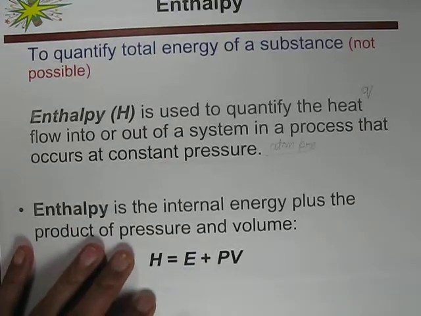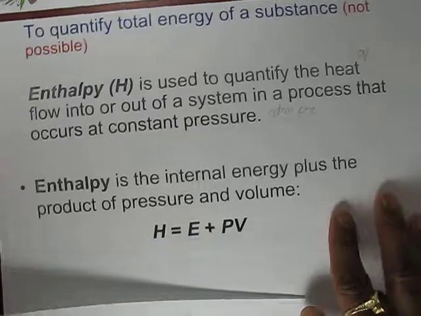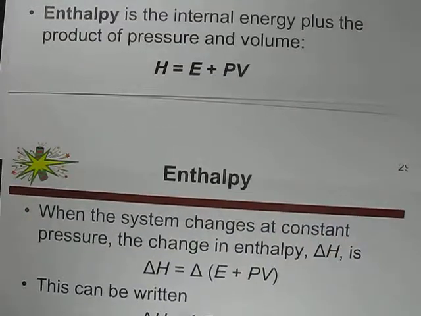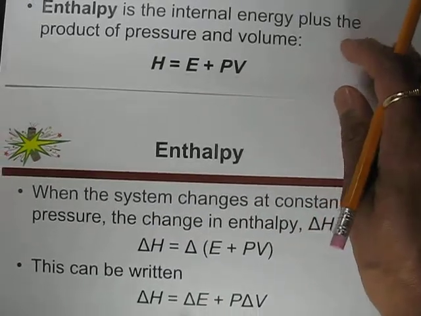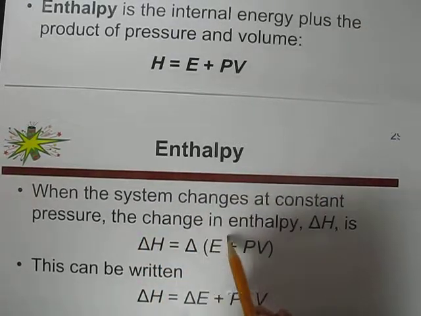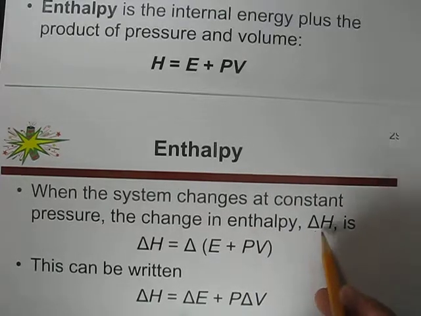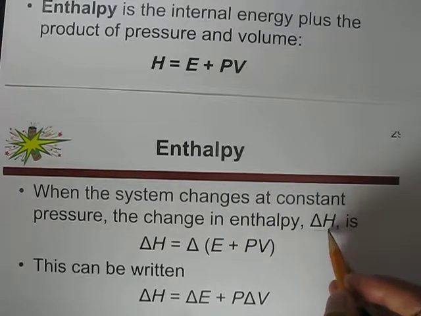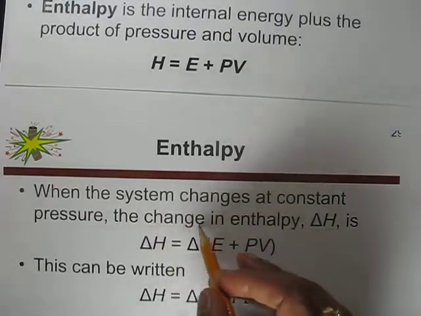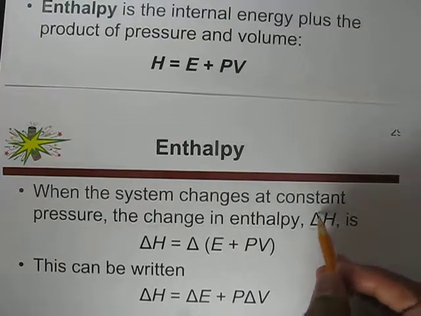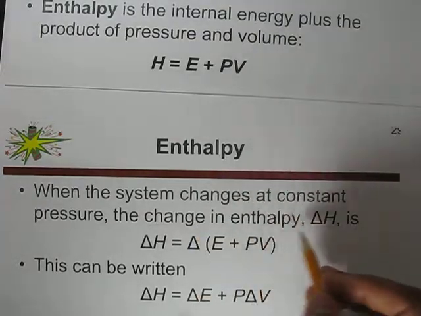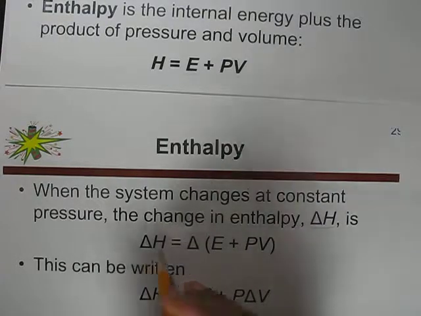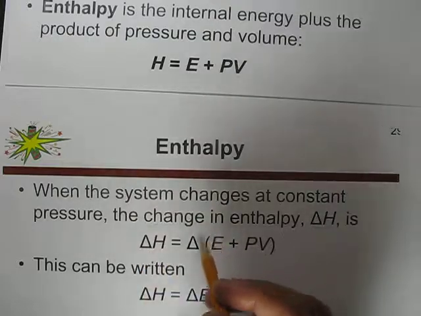When the system changes at constant pressure, we look at the change in enthalpy, delta H. Delta H can be read as a change in enthalpy. Delta means change. So the change in enthalpy, delta H, is how much it changes from the initial.